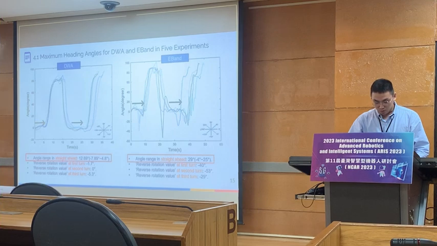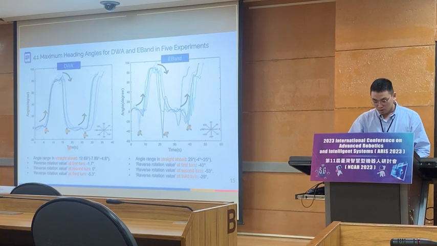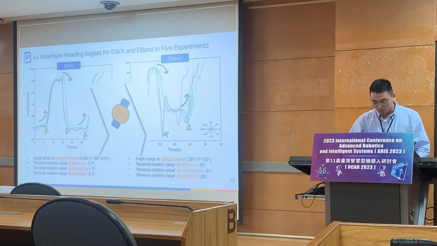During turning, you can look at the orientation, and you can find that both planners have opposite direction rotation. It is because the robot gets very close to the obstacle, so when turning, the robot turns in the opposite direction.